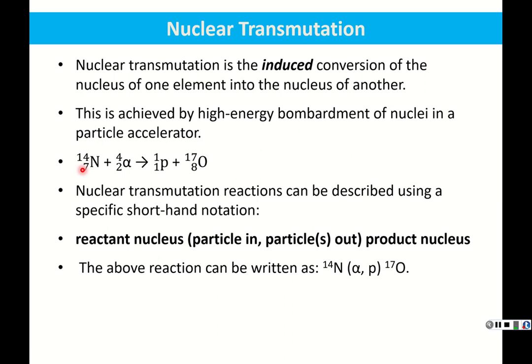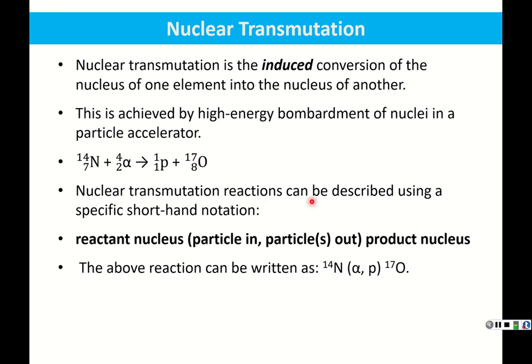In the case here, we have nitrogen-14. If we launch an alpha particle at it in the accelerator, a transmutation that can occur would be the creation of a proton plus oxygen-17, as the nitrogen-14 has captured the alpha particle, emitted one proton, and gained a net of 3 mass units to become oxygen-17.